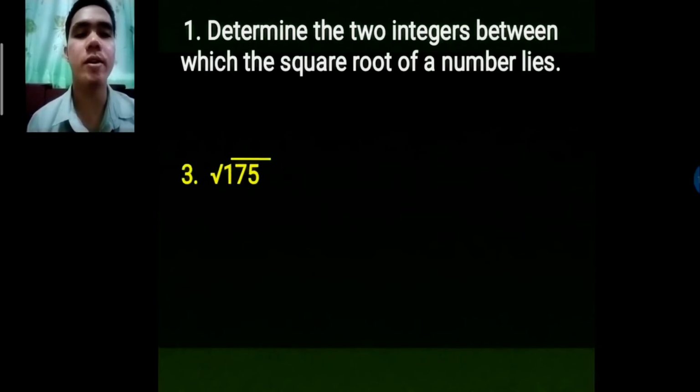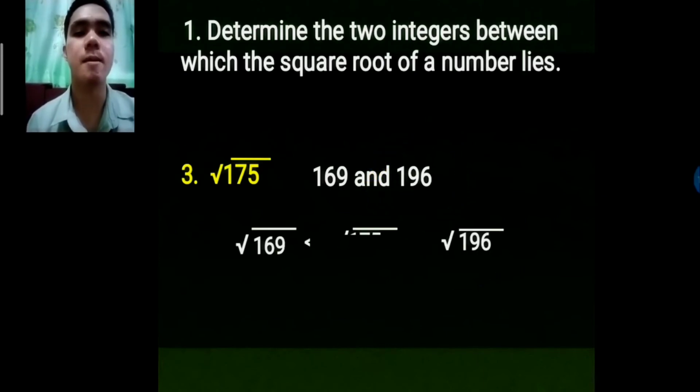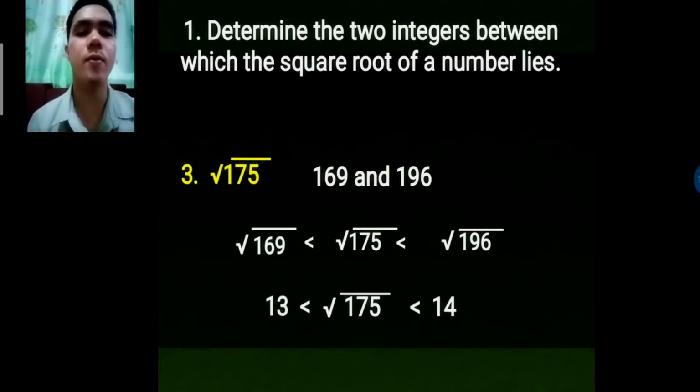Next, square root of 175. What will be the lower perfect square number but closest to 175? That is 169. How about greater than 175? That is 196. So square root of this one and this one, that is 13 and 14.